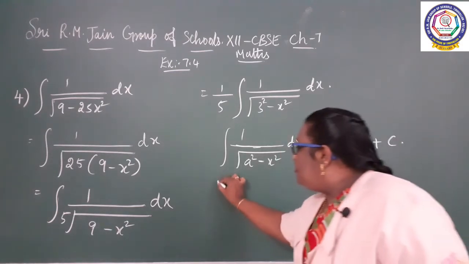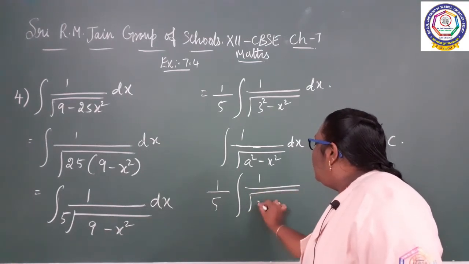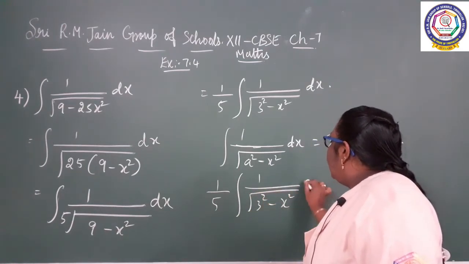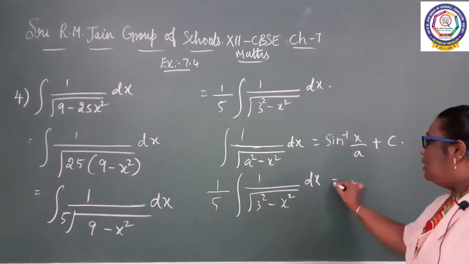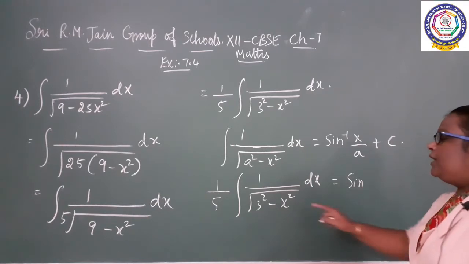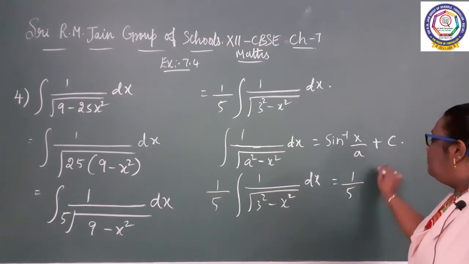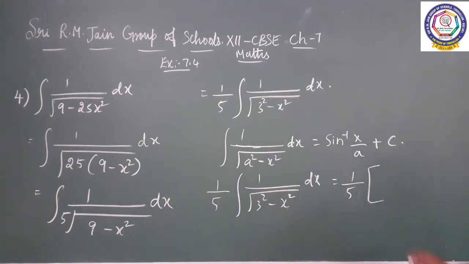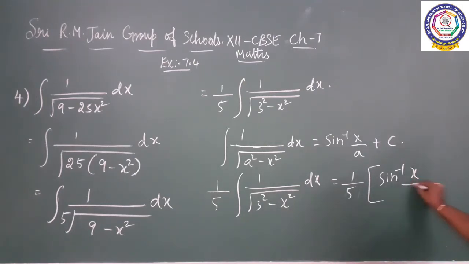So 1 by 5 integral 1 by root of 3 square minus x square dx equals 1 by 5 into sin inverse of x by a. X value as it is x, a value is 3, plus c.